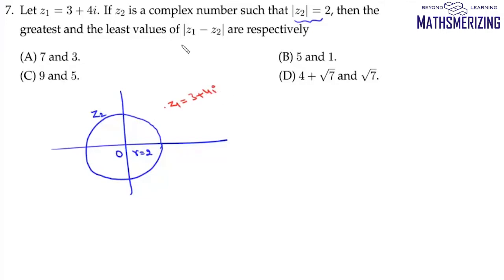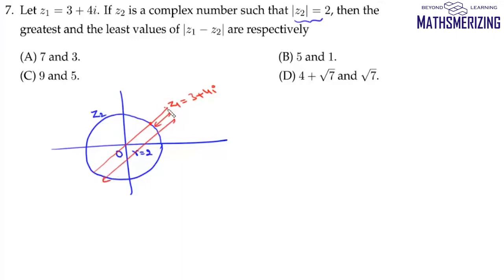Now we need to find greatest and least value of mod z1 minus z2. Now modulus in complex number is nothing but distance. So we need to find the point on this circle which is at the least and at the maximum distance from this given point. So this point will lie along the normal. This is the minimum distance and that is the maximum distance.